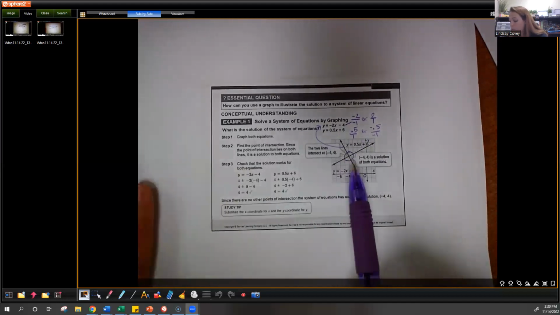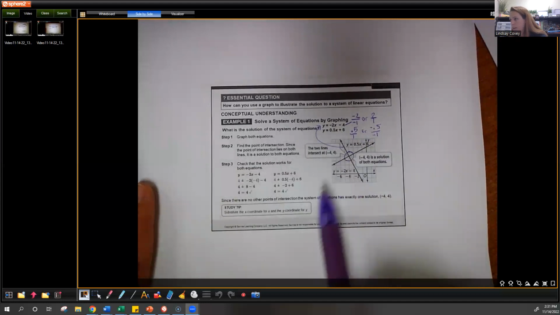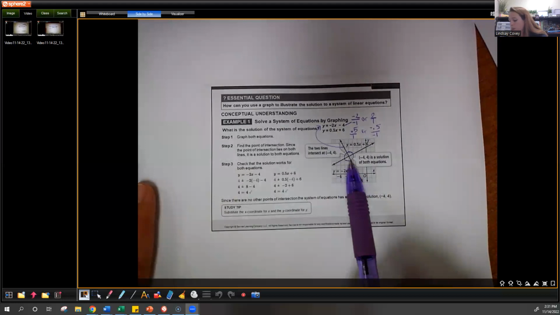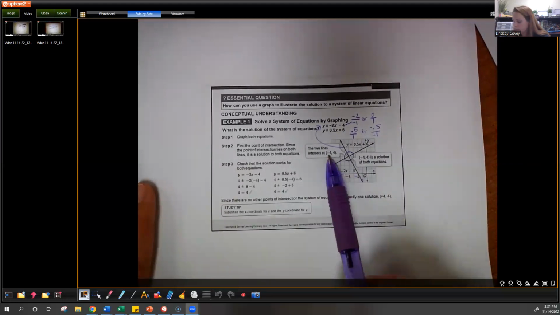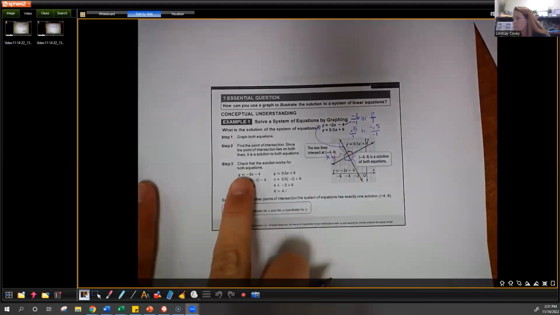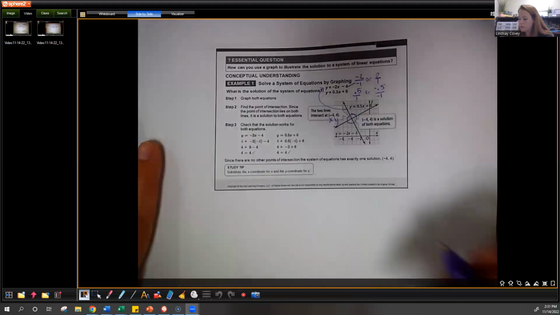So these lines have one solution. They intersect, they cross at one point. There are no other points where they're going to cross because they are lines. Now that we have our point, we're going to plug this point, x and y, into both equations to see if that solution works.